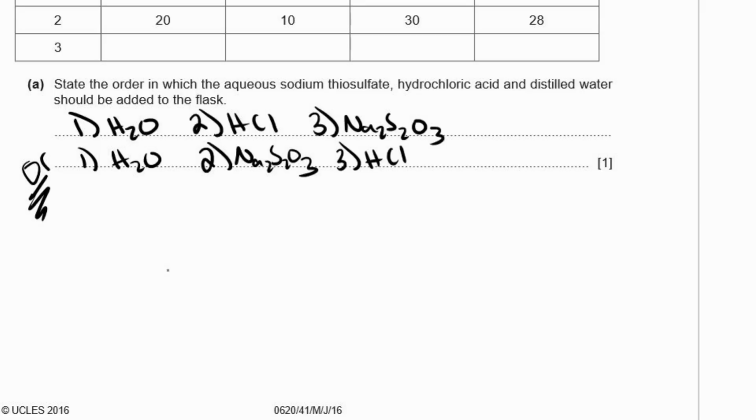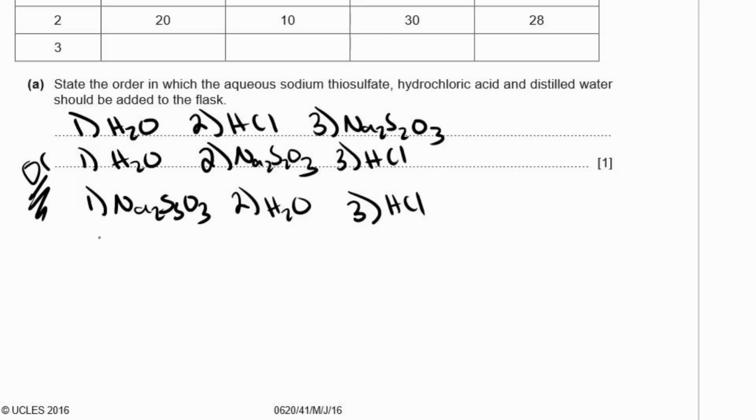That's absolutely fine. Another thing you could do, you could add Na2S2O3, sodium thiosulfate, then you could add water, and then you could add hydrochloric acid, because the reaction starts when hydrochloric acid and sodium thiosulfate touch.